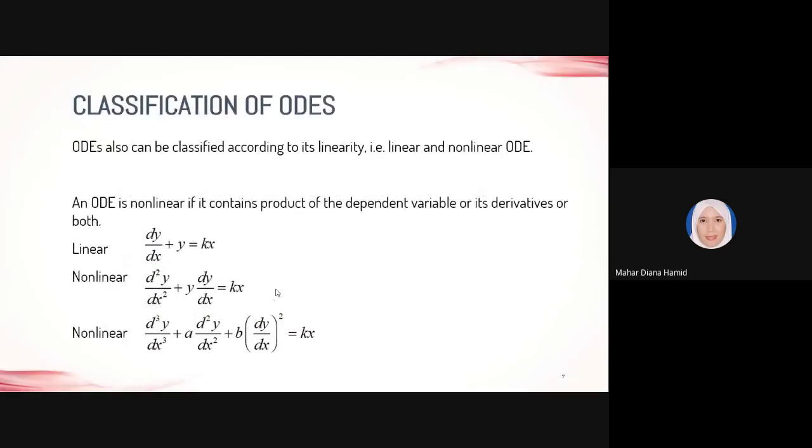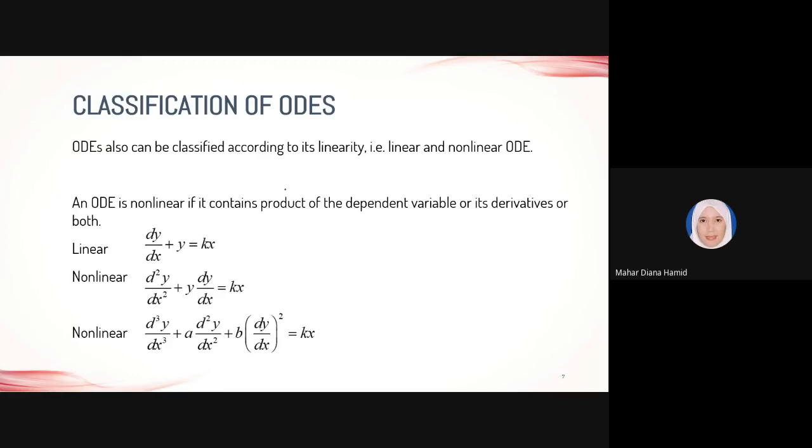Another classification of ODEs is according to their linearity, whether it's a linear or non-linear ODE. If we refer back to this particular equation, we will see that an ODE is non-linear if it contains the product of the dependent variables or its derivatives or both.